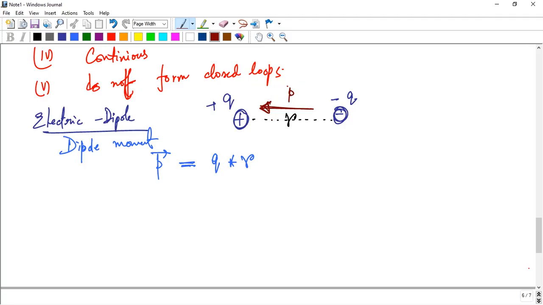What is the SI unit? It is very easy: Q stands for coulomb and r is length, so the SI unit of the dipole moment is coulomb meter.